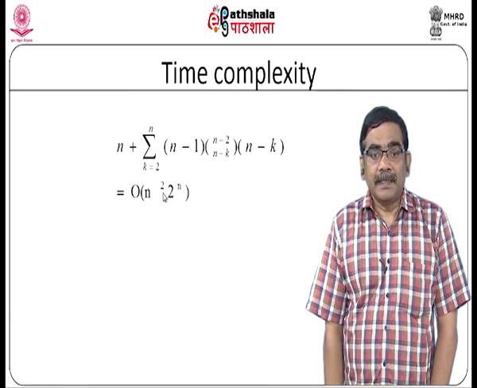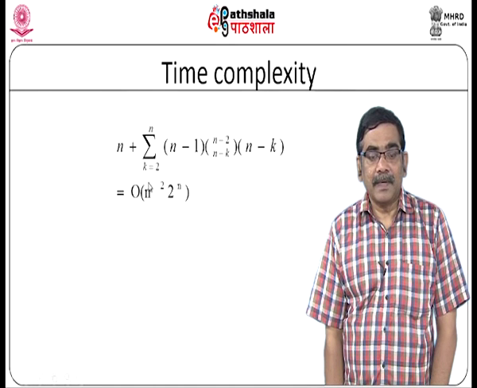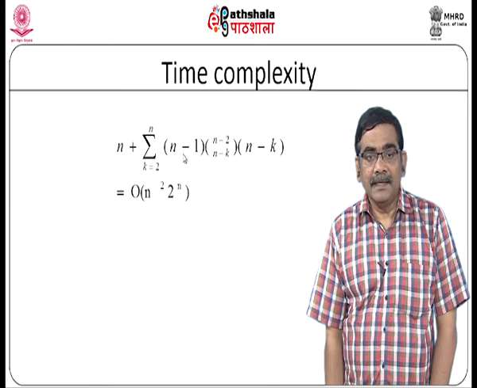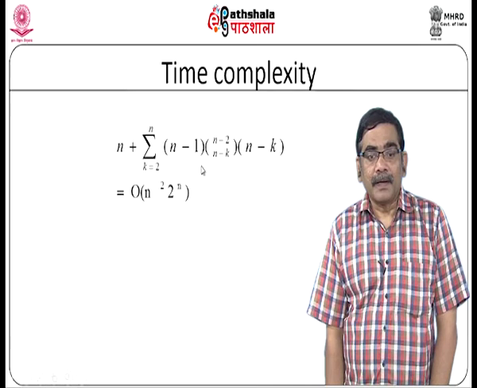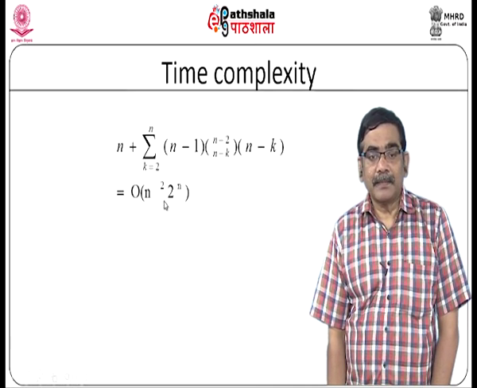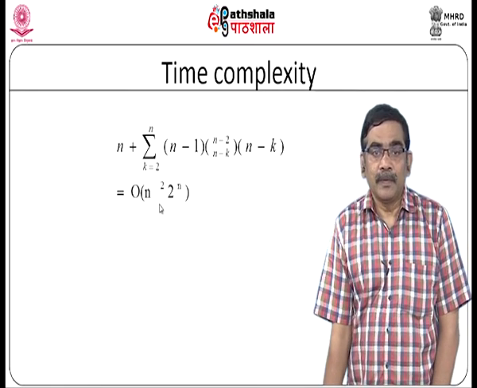What is the complexity of this algorithm? From every city we have to visit every other city. So, you can see that the complexity turns out to be something like order of n square 2 power n.